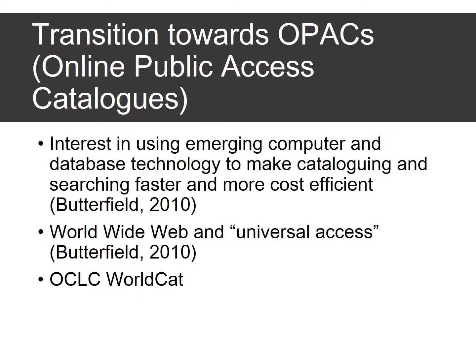Libraries saw OPACs as a faster and more cost-efficient way to make catalog records available to users, as it cut out the time that would normally have been involved in creating cards for new records or updating and sorting cards related to an existing record. Libraries began to work with computer scientists and developers of commercial information retrieval systems as a model for structuring their online catalogs. The advent of the World Wide Web further aided this evolution.